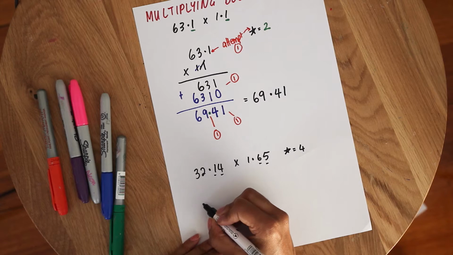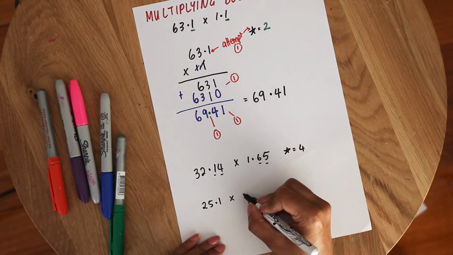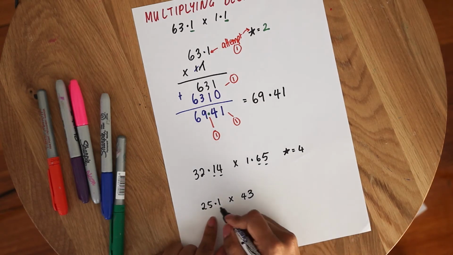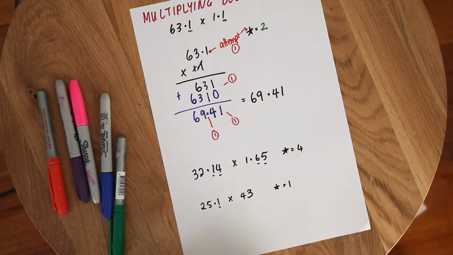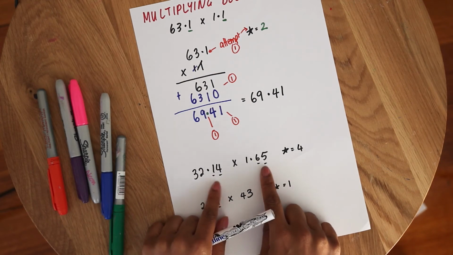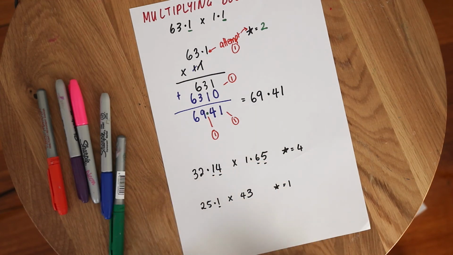If we had another example of 25.1 times 43, there's only one number with a decimal point, so our star number is 1. So you have to look at both numbers in the question and tell me how many numbers there are after the decimal point in both.